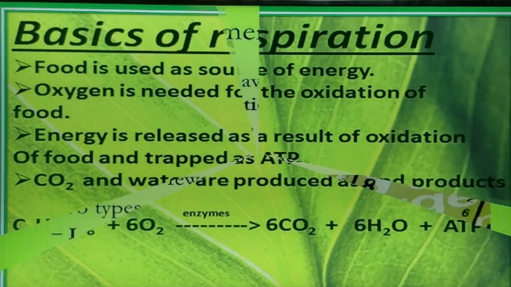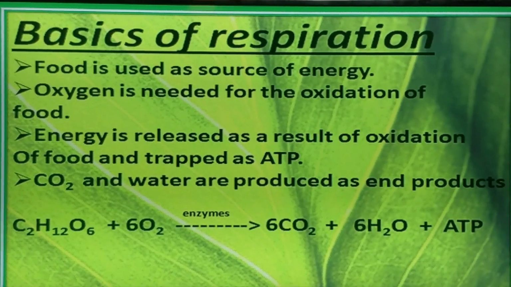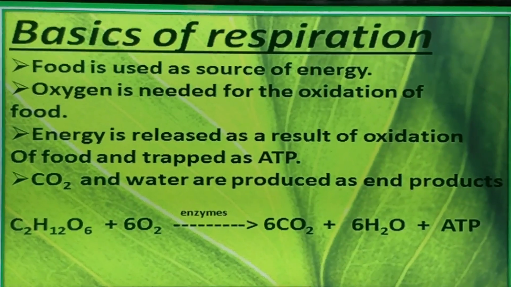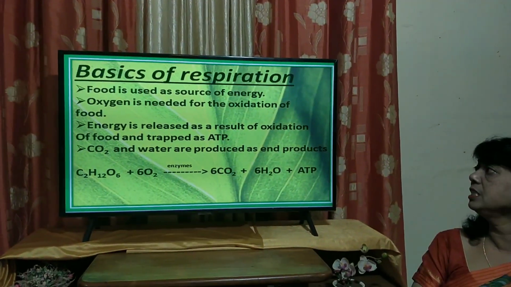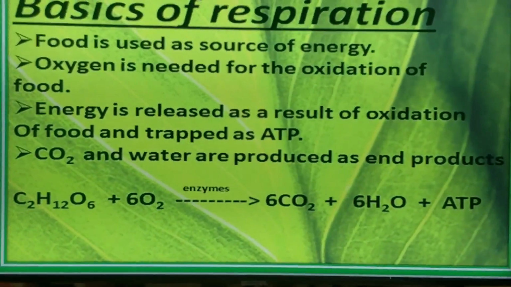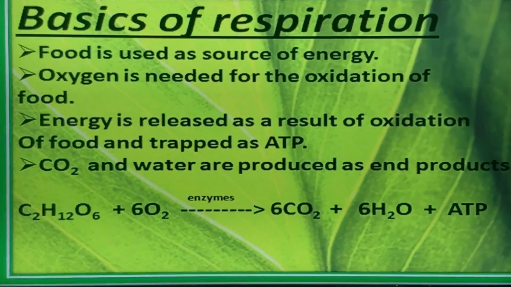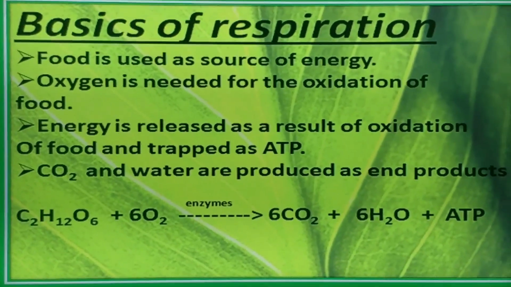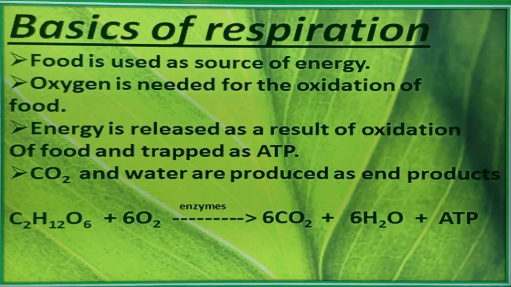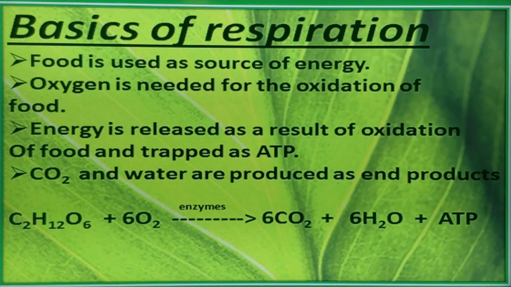Let us revise the basics of respiration. Food is used as a source of energy. Here, the source of energy is food. Oxygen is needed for the oxidation of food. Thirdly, energy is released as a result of oxidation of food and trapped as ATP.